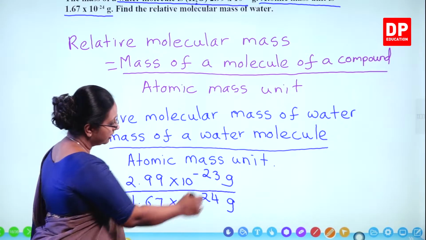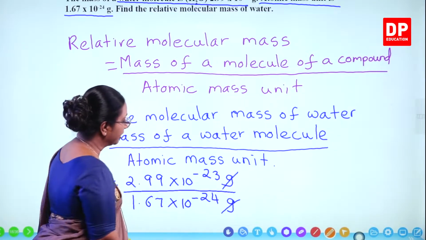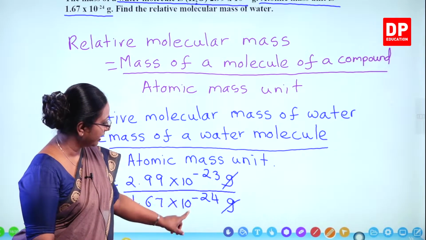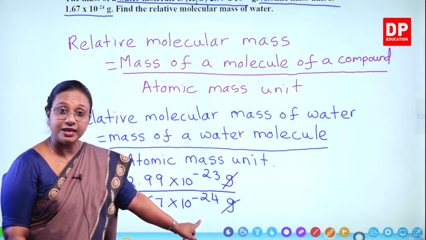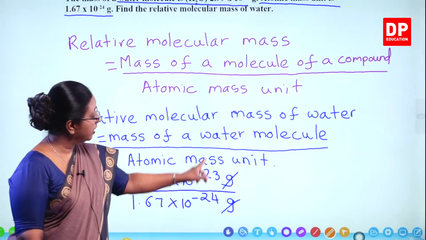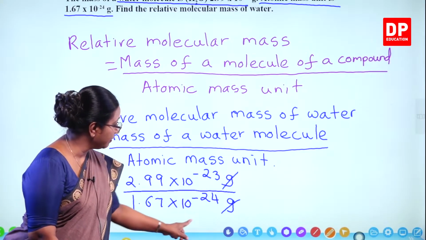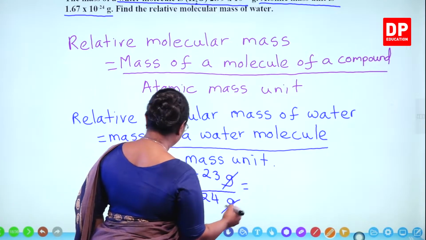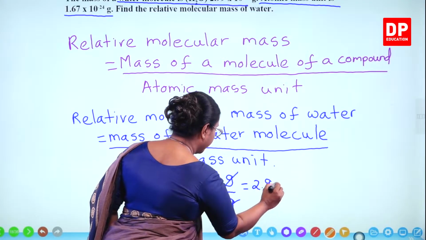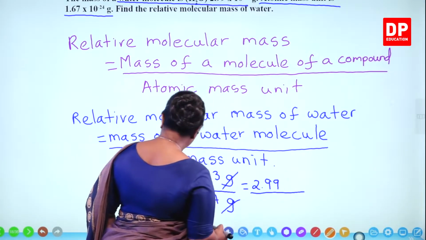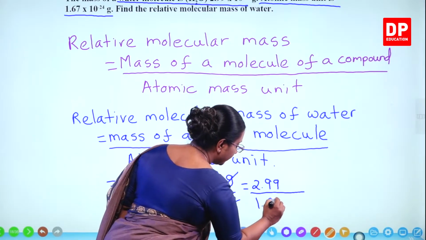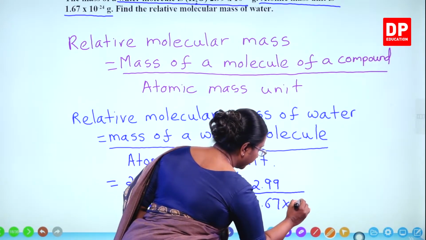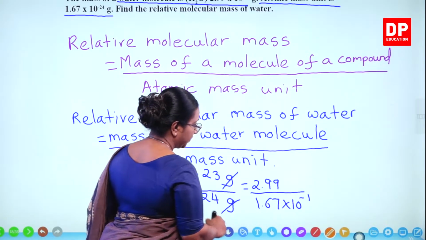So again, the gram and gram will get cancelled off. You know what will happen to 10 to the minus 23 and 10 to the minus 24. When you simplify, there will be a 10 to the minus 1 there. So this is going to be equal to 2.99 divided by 1.67 into 10 to the minus 1.